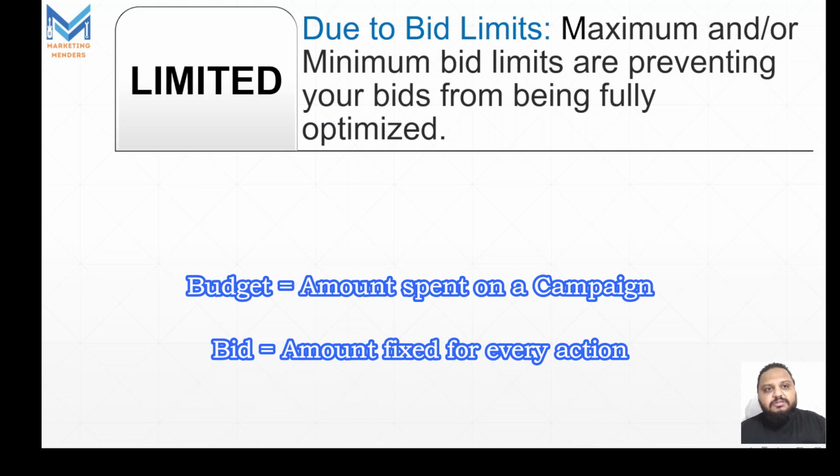Daily budget is the total amount you are ready to spend on a daily basis on your Google ad campaign. Bid limit is the maximum amount you are ready to pay for every action. If it is clicks, then what is the amount you want to pay for every click? If it is conversion, what is the amount you are ready to pay for every conversion, and likewise.